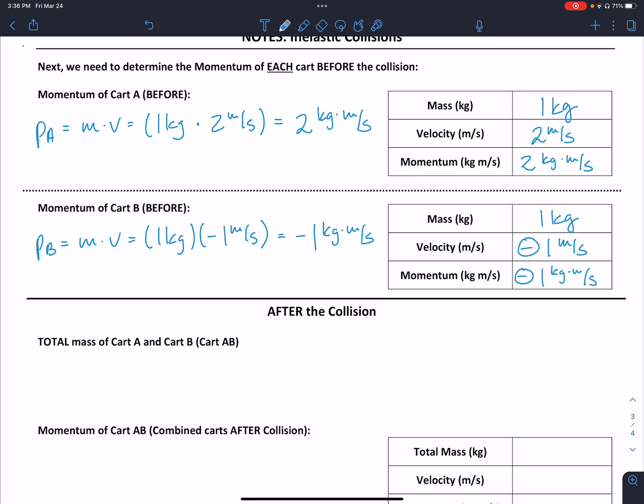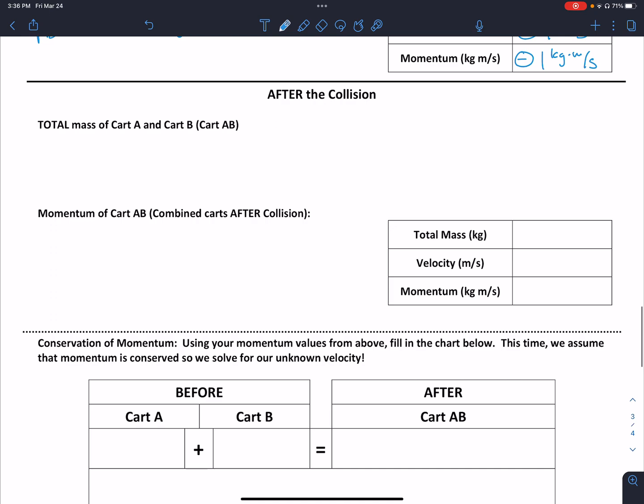So that's before. After the collision, the two carts are moving together, so the mass of the combined cart is equal to the sum of those two mass values. In this case, it's 1 kilogram plus 1 kilogram, or 2 kilograms total.